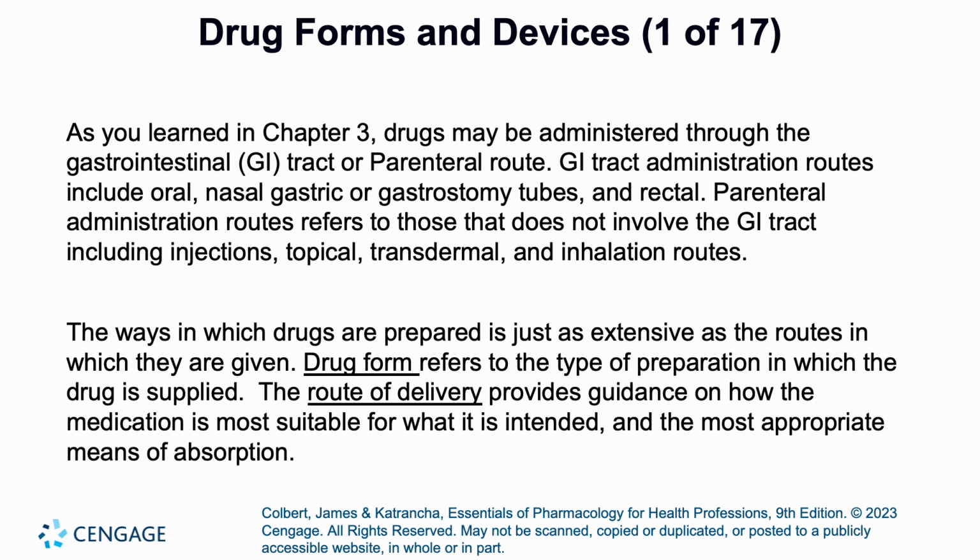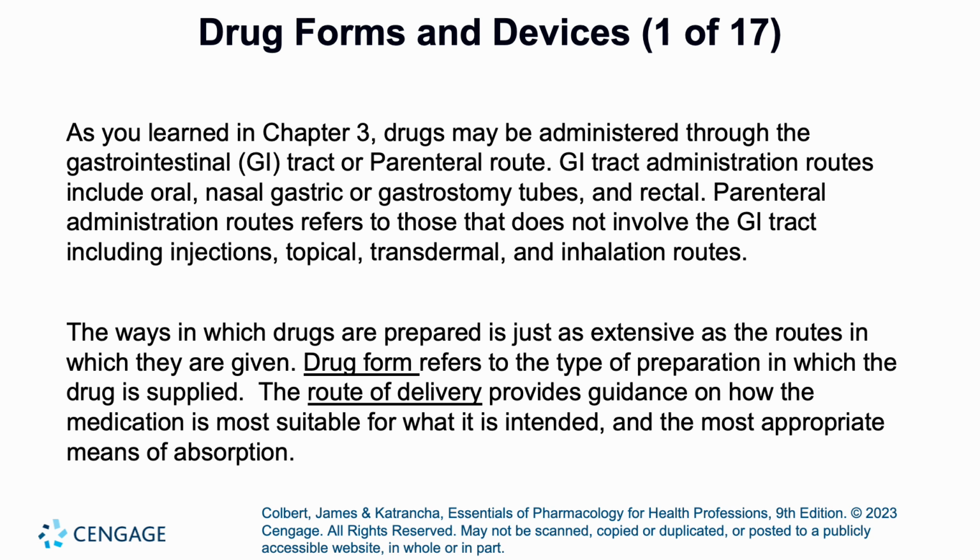Those are all within the GI tract route. Parenteral administration refers to those that do not involve the GI tract, so they bypass it altogether. These include injections, topical, transdermal, and inhalation routes. We're going to go over each of these in more detail so it will start to make more sense as we go along.